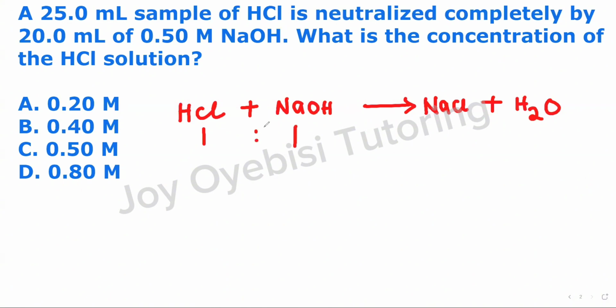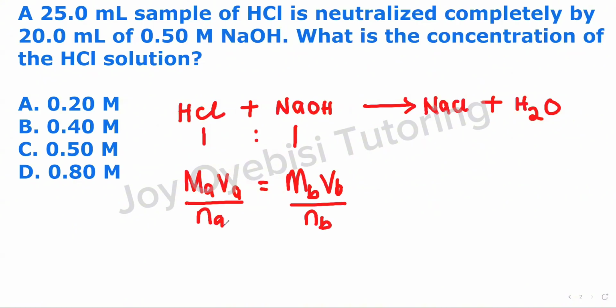Okay, in this case, the formula we will use is simply MAVA equals MBVB. If this ratio were to be either 2:1 or 1:2 or 3:1 or 1:3 or 2:3 and so on, if it is not 1:1 ratio, make sure you add over Na over NB, where the Na is the mole ratio of the acid and NB is the mole ratio of the base.